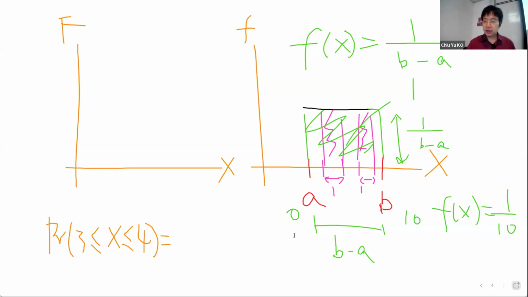Then 3 to 4 will be just like this, and the height will be 1 over 10. The area is a rectangle: the base is 1, the height is 1 over 10, and that's it, it's 1 over 10. So that is how small f is used. I hope that is more intuitive.